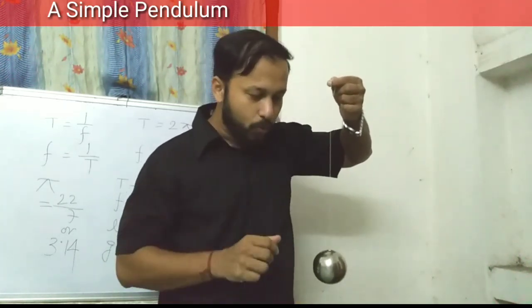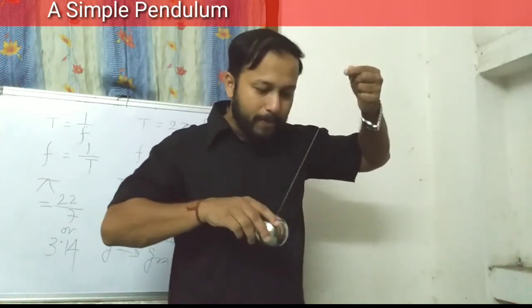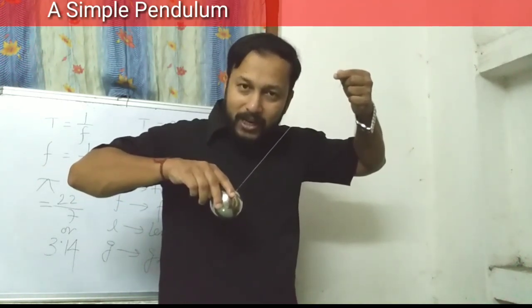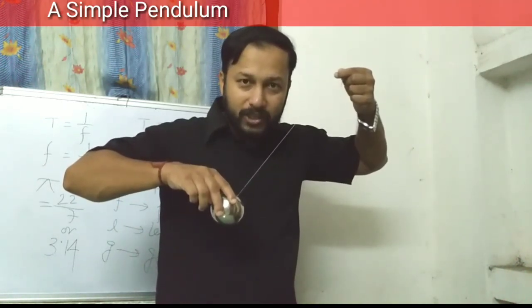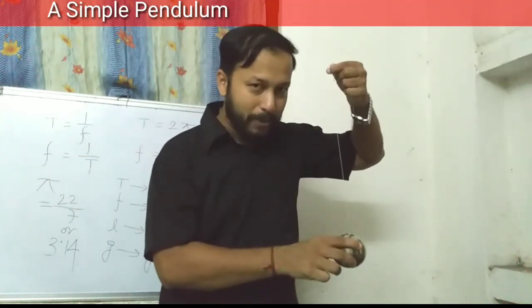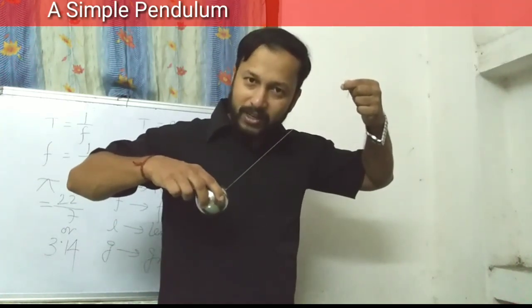Understood? Now what I am going to do, I will take this bob at this point here. So this is my extreme position. Understood? So this is my mean position, this is my extreme position. Fine.